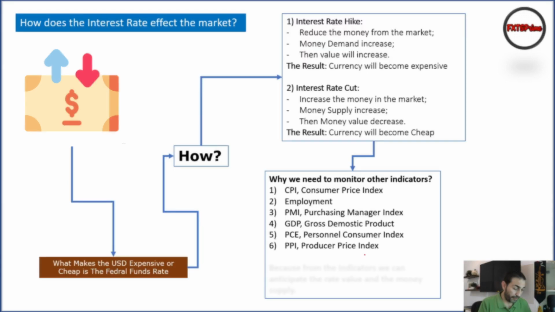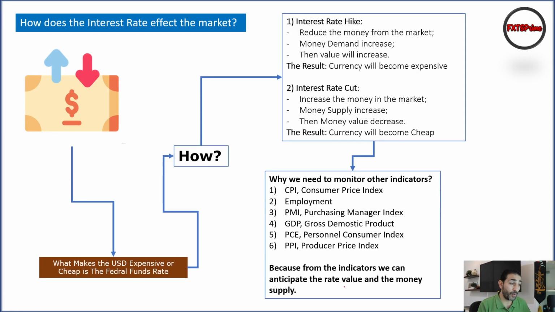I need to monitor them because from the indicators, we can anticipate the rate value the central bank or the Federal Reserve Bank is going to put in the market, whether to raise or decrease.